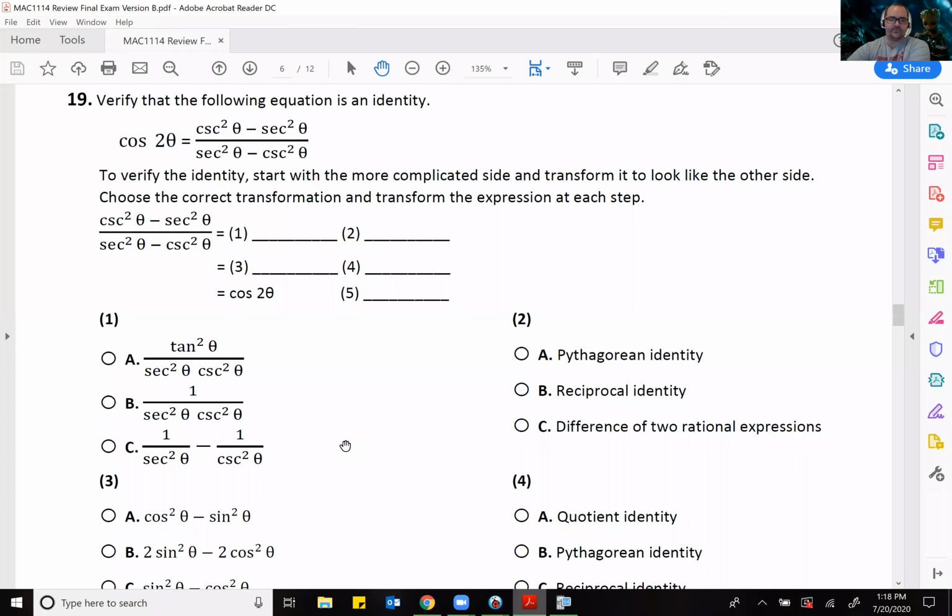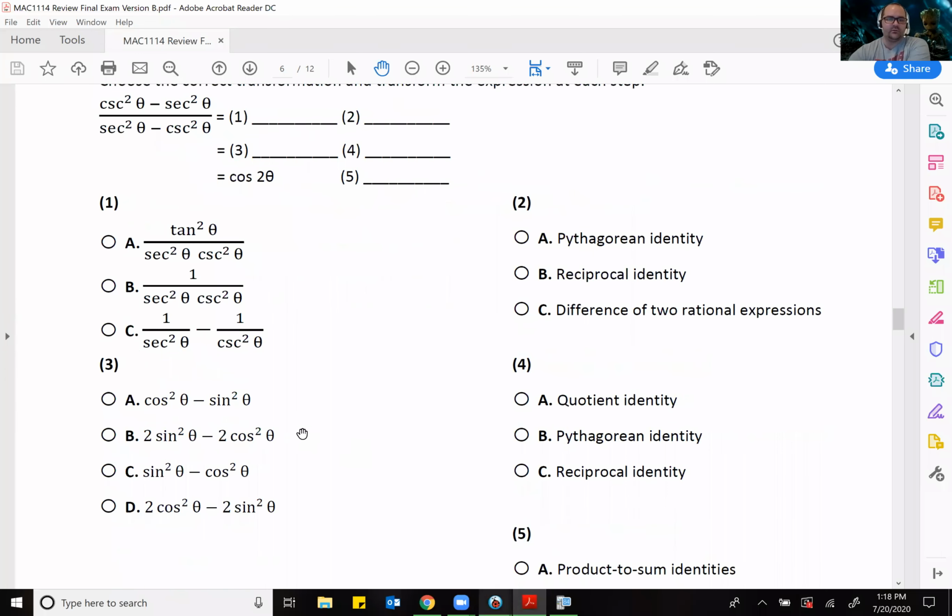3 and 4. Well, from here, 1 over secant squared, 1 over cosecant squared, that just means the reciprocal. What's the reciprocal of secant squared? What's the reciprocal of cosecant squared?